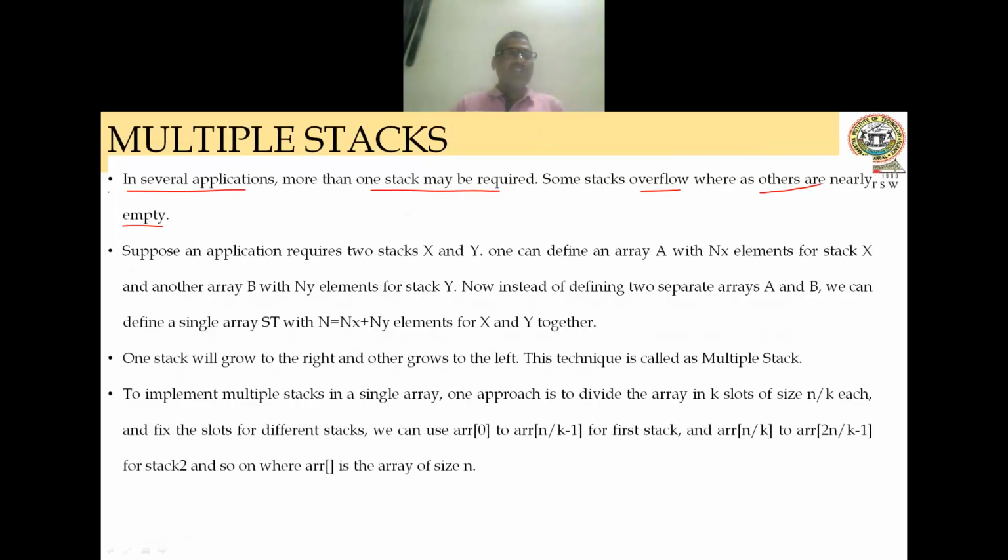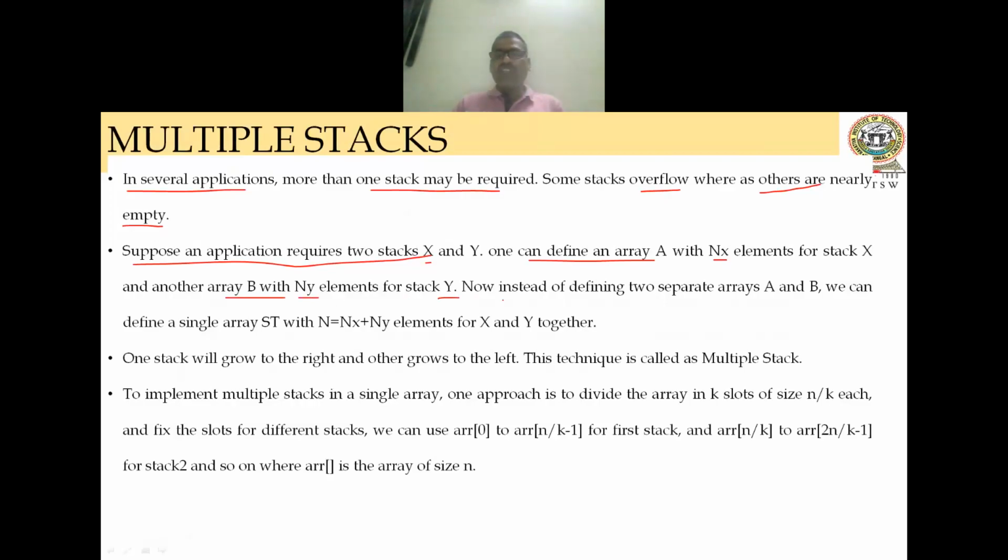So we are going for an application which requires two stacks, for example x and y. One can define an array A with nx elements, and another array B with ny elements for implementation of stack y.